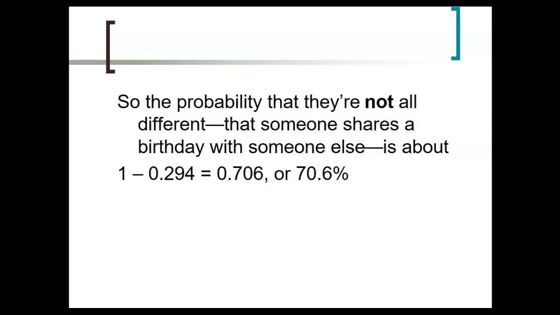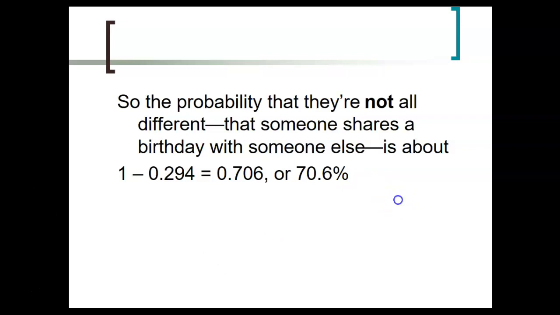So that means the probability that they're not all different, that somebody shares a birthday with somebody else, is about 1 minus that, 1 minus 0.294, which would be 0.706. So the correct answer is 70.6%. In a class with 30 kids, there's a 70.6% chance that at least two of them have the same birthday as each other.